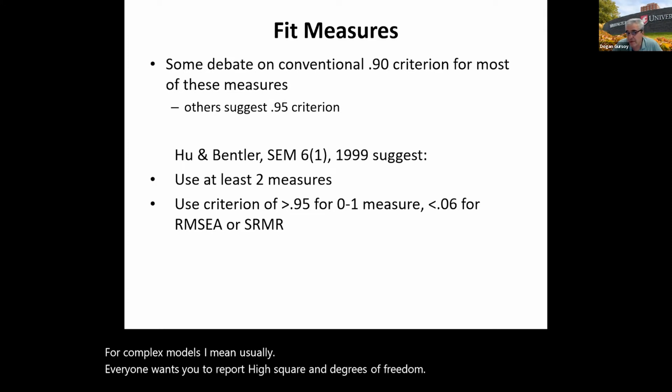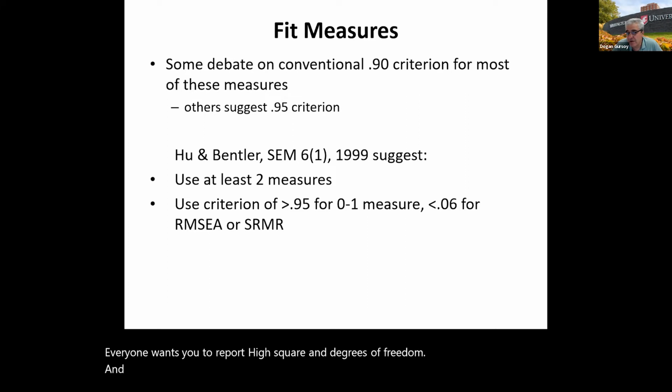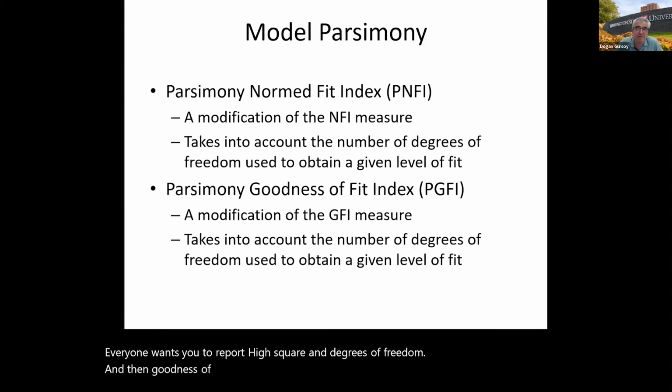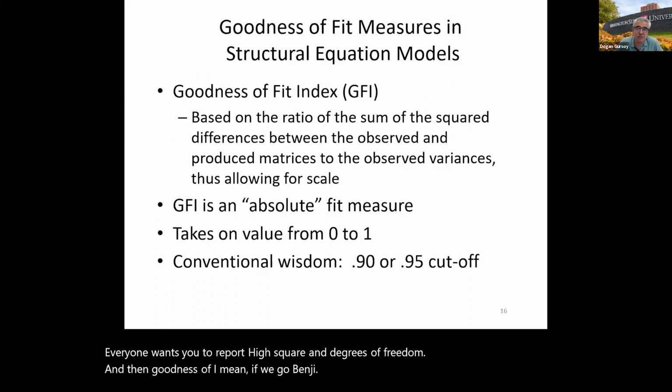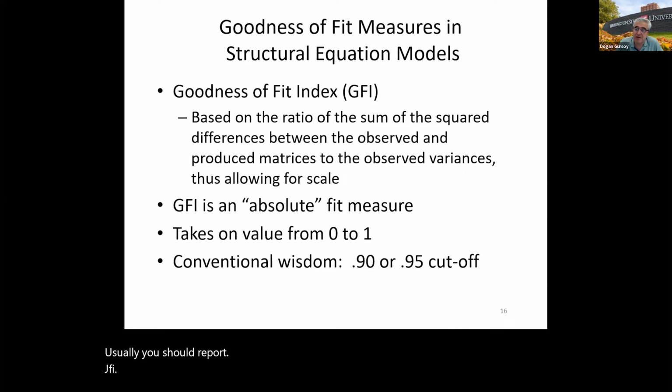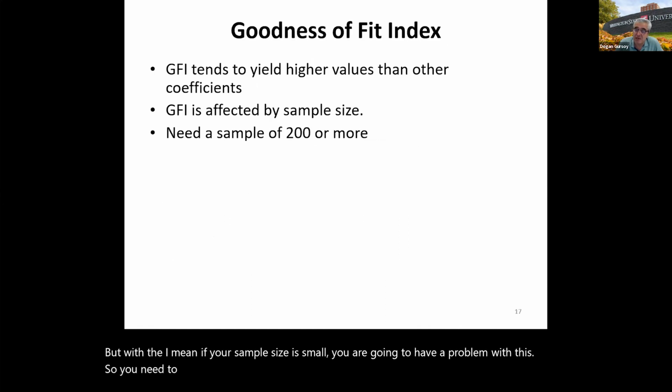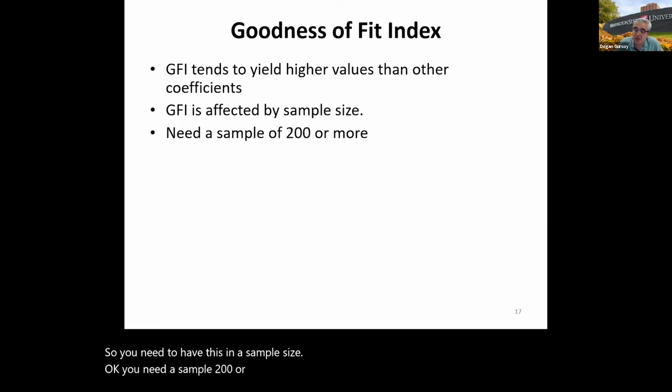And then goodness of fit, if we go back to GFI, usually you should report GFI. But if your sample size is small, you are going to have a problem with this. So you need a decent sample size, 200 or more with this one.